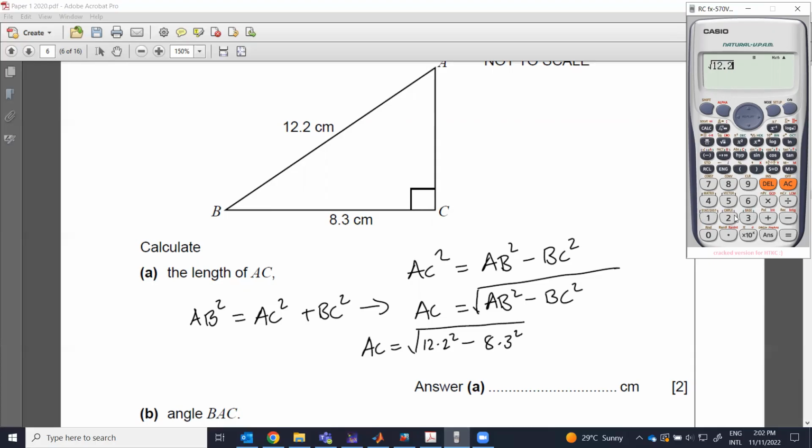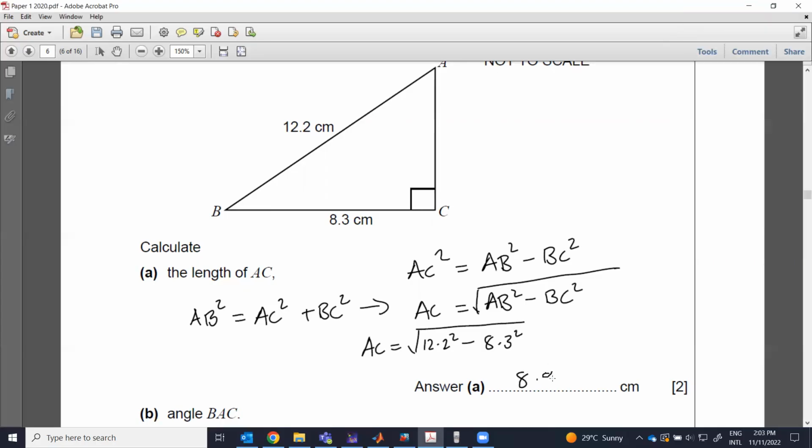So I have 12.2 squared minus 8.3 squared. Okay, and this is 8.94. So I'm going to write this to 3 significant figures as per the instructions. So this is 8.94 centimeters. So say this is 3 significant figures.